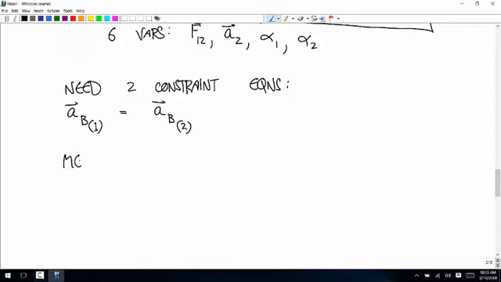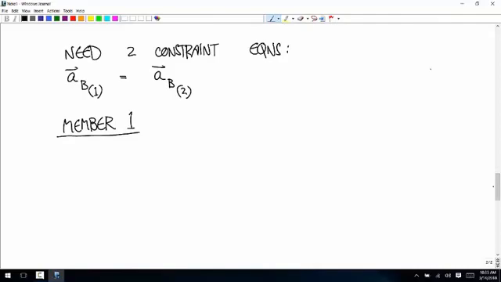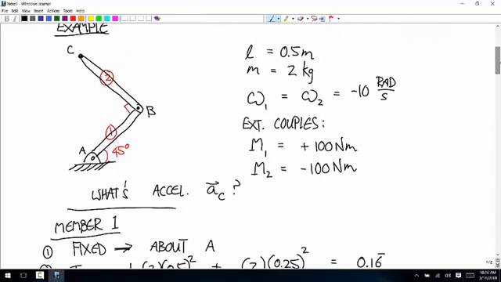So we'll start by calculating the acceleration at B according to member 1. Anytime you have a fixed point, every point is just in circular motion around the fixed point. So we're just going to use the watermelon equation.